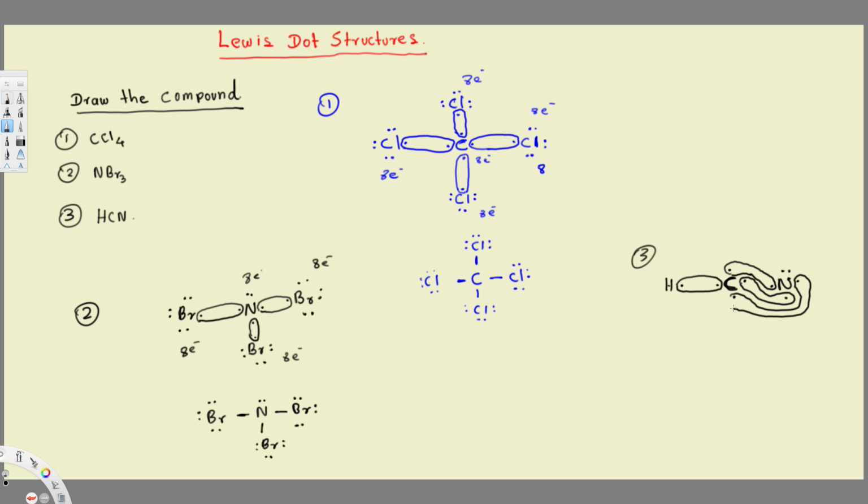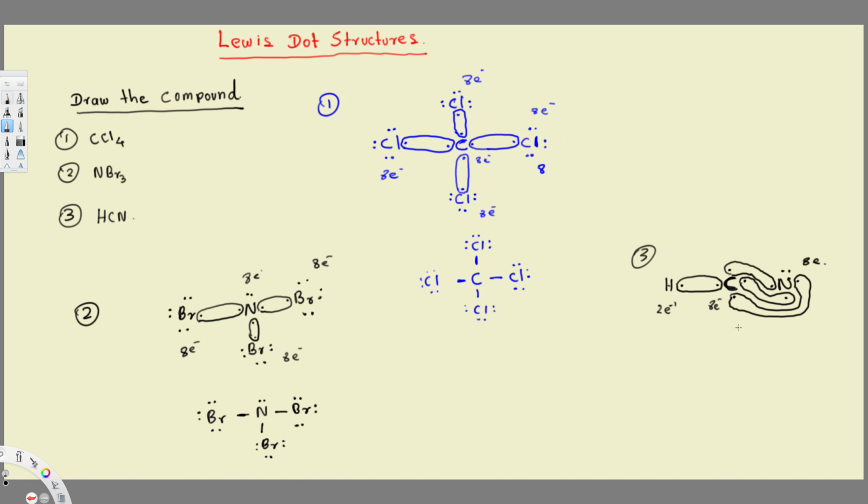So this is going to form 3 bonds right here, and after it forms the 3 bonds, it's going to have 8 electrons. If you count, this one is 2, 4, 6, and these 2, 8. So carbon has 8 electrons, hydrogen has 2 electrons, and nitrogen also has 8 electrons, because this one 2, 4, 6, 8, so 8 electrons. So this is in a stable octet format.